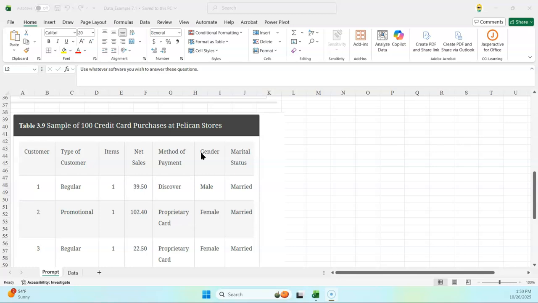We have two types of customers: a customer that used the regular payment. We have ones that are promotional, those are the people that used the coupon that was sent. We have different methods of payment. We have different kinds of credit cards. Proprietary card just means it's a store credit card. We have the gender of the person that bought the stuff, so they're either male or female. And then we have the marital status, married or single.